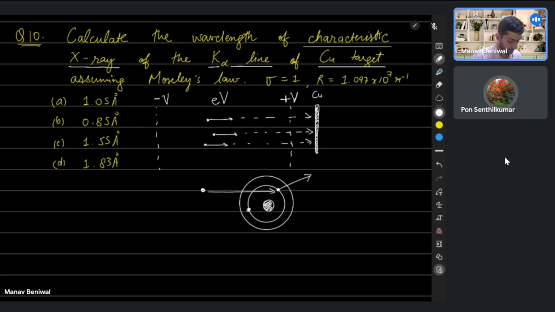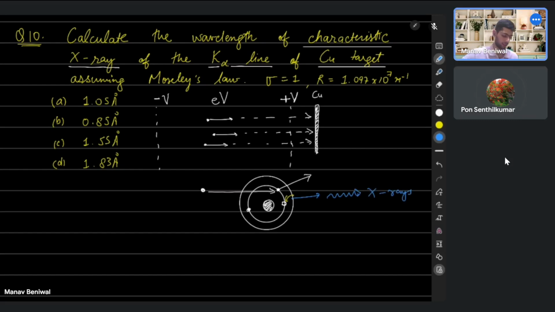So now you have a vacancy here. Electrons from higher levels can jump to these lower levels, and when this transition happens, you get an X-ray. So this is how X-rays are generated.